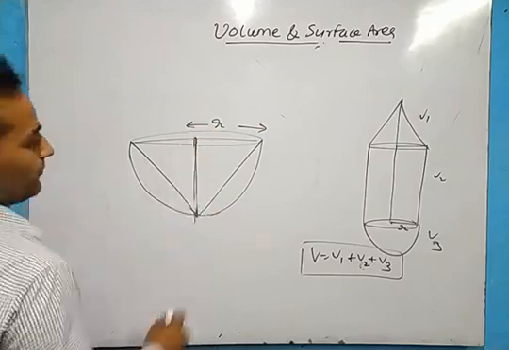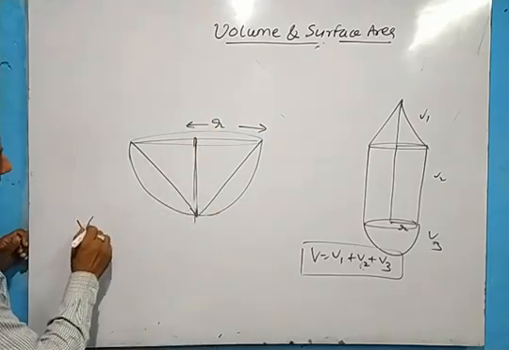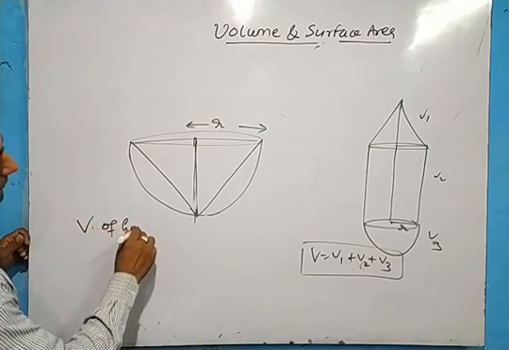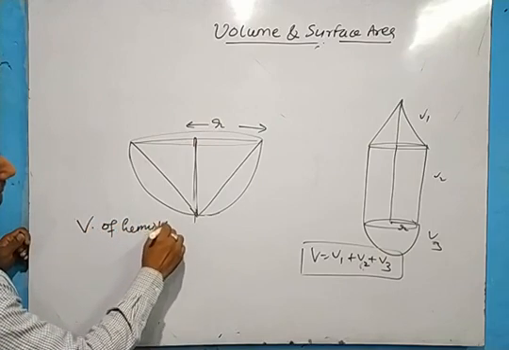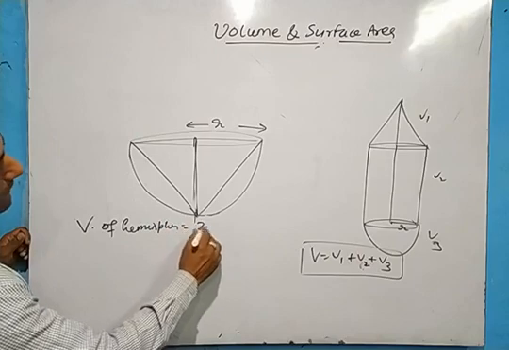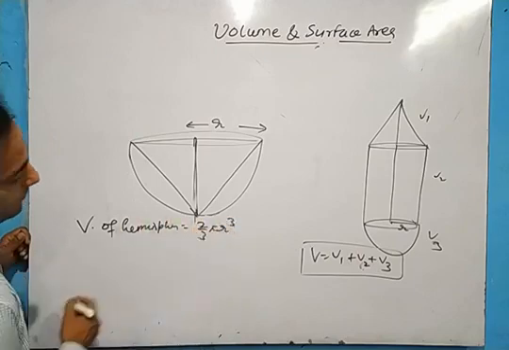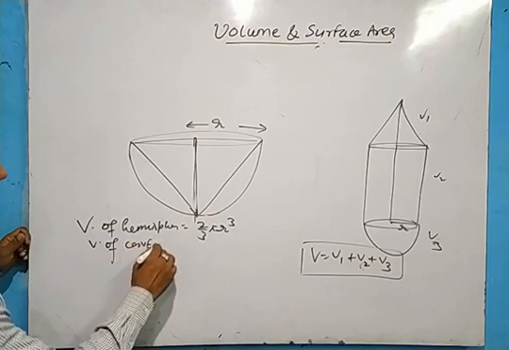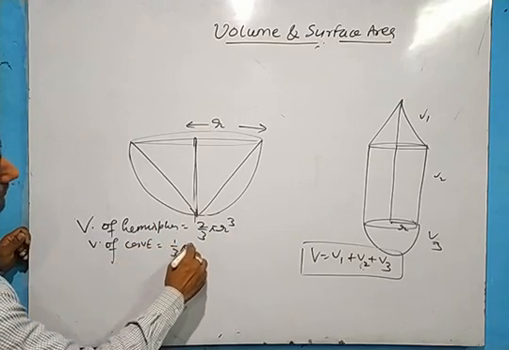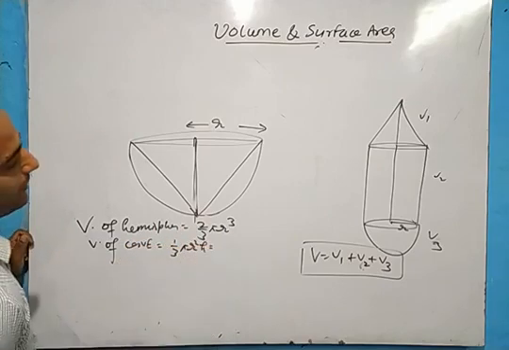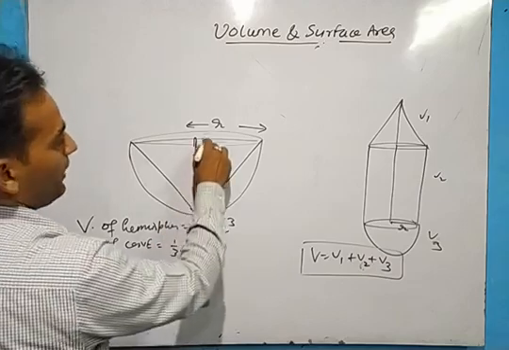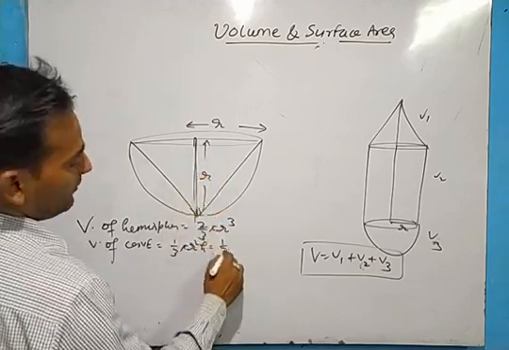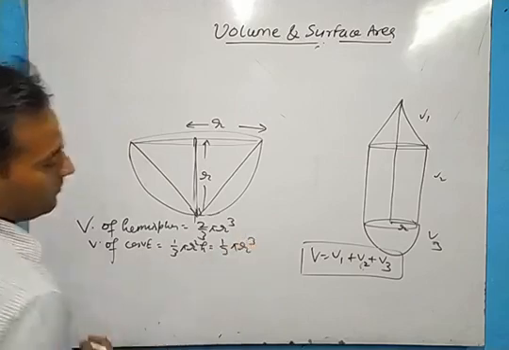Now see, volume of hemisphere is 2 by 3 pi r cube, and volume of cone is 1 upon 3 pi r square h, and h is what? This also is equal to r. So we can say 1 upon 3 pi r cube.